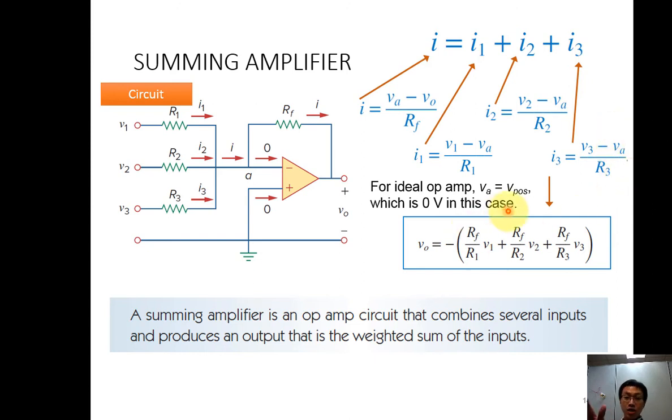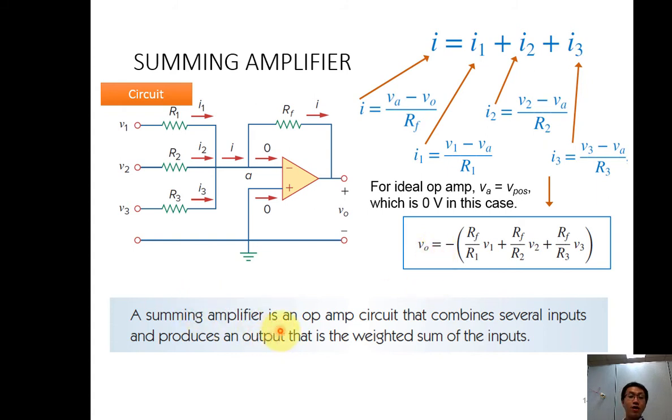When we put all together, we find that my Vout equals negative RF divided by R1 times V1, plus RF divided by R2 times V2, plus RF divided by R3 times V3. So this is called a summing amplifier. We sum all the voltages together, then we get an output.